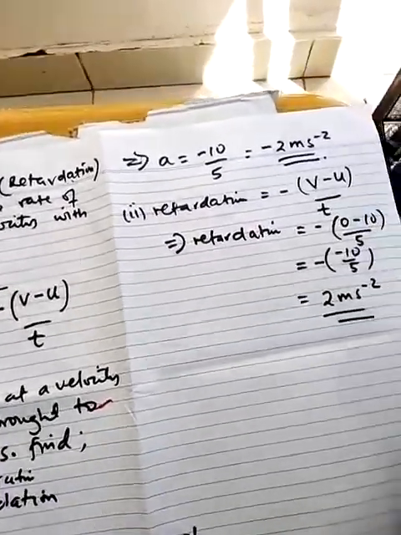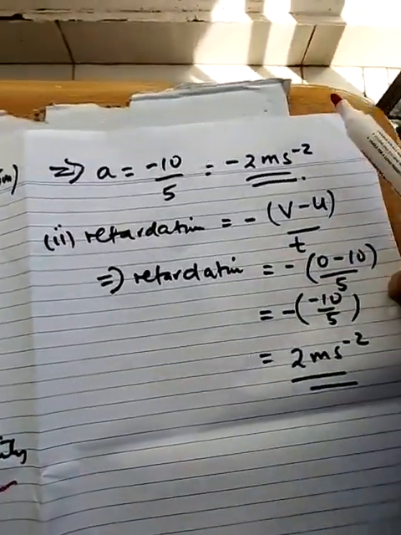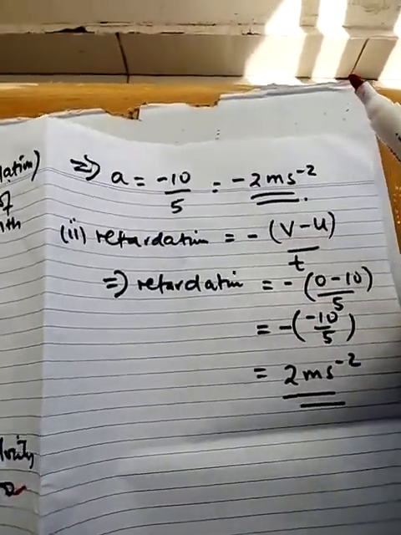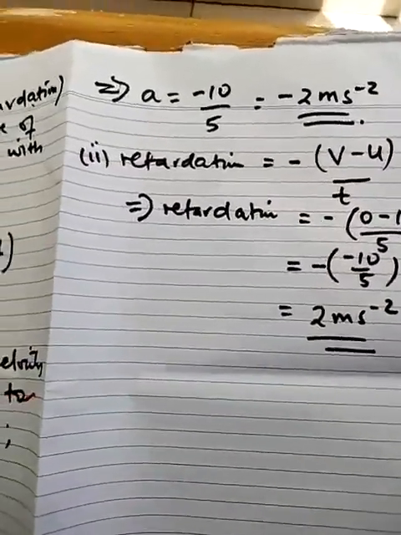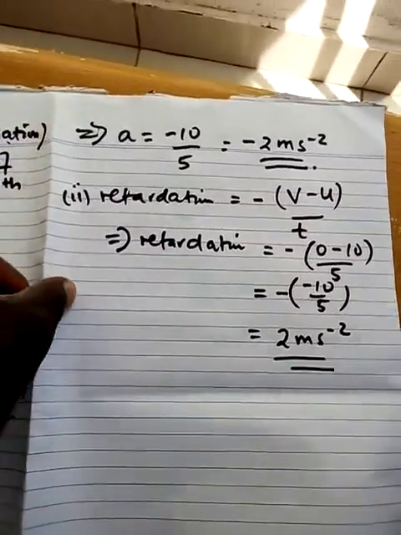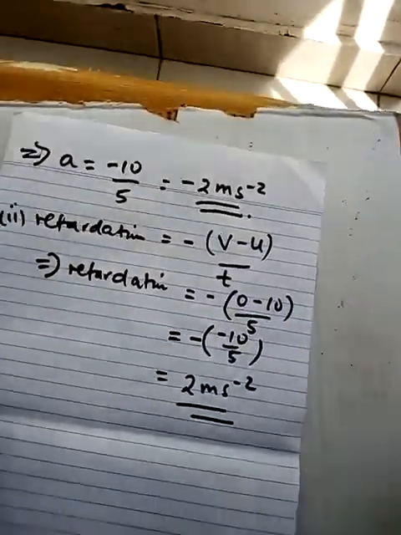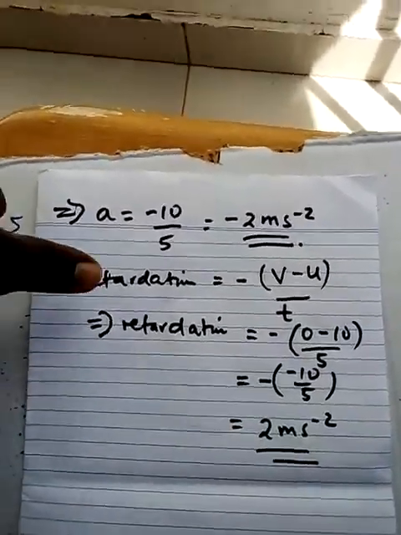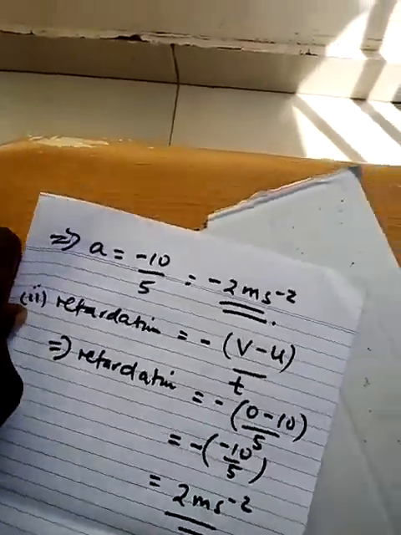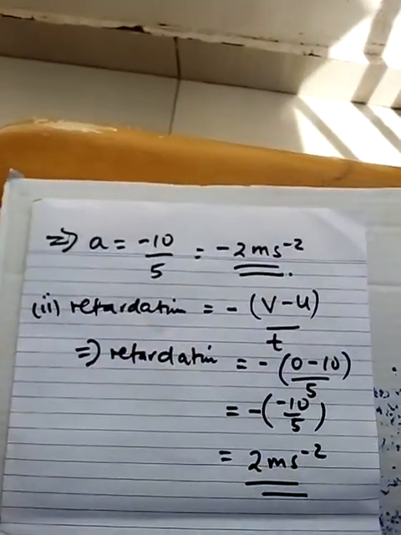And eventually, this did give us a is equal to negative 10 divided by 5, and that rests our answer to negative 2 meters per second squared. That is a negative value, by the way. It's negative because the velocity of the body decreased from 10 meters per second to 0.